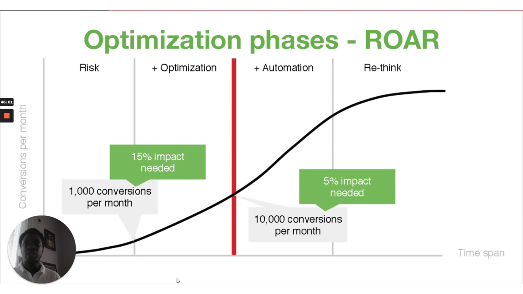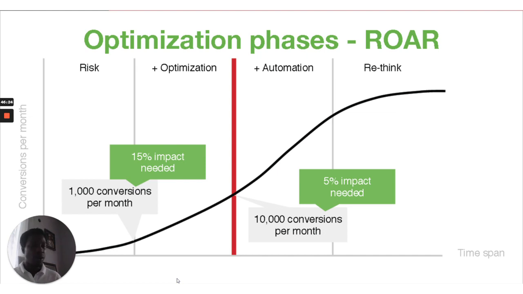Once you get to the automation phase, what usually happens next is that once you check whether you've had up to 10,000 conversions, you need to do another experiment, in quotes, just to retest, just to be sure that the experiment you did with maybe 1,000 is true or not.